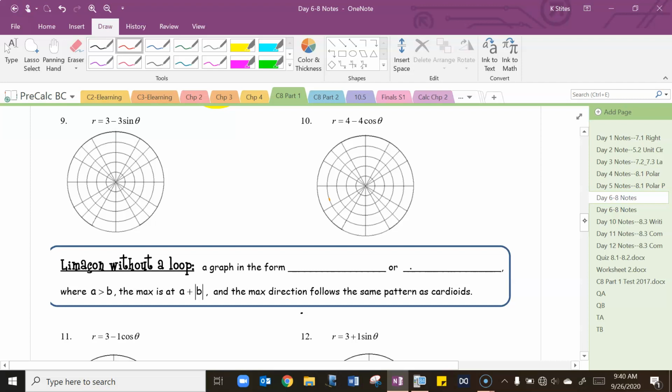Okay, 2 more of these. 0, pi over 2, pi, 3 pi over 2. When we plug in a 0, sine of 0 is 0. So we just have a 3.